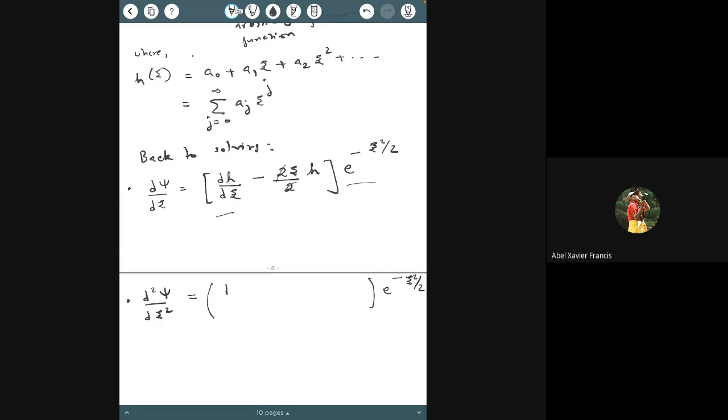And then from the first term, I'll get d squared h d psi squared. And when I take a derivative of the exponential, I will get d psi multiplied with, again, minus 2 psi by 2.